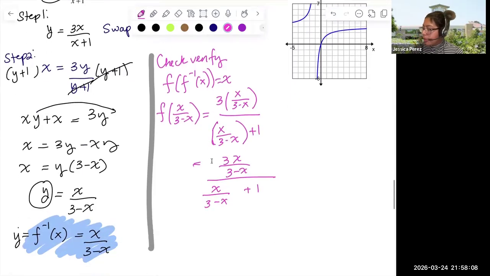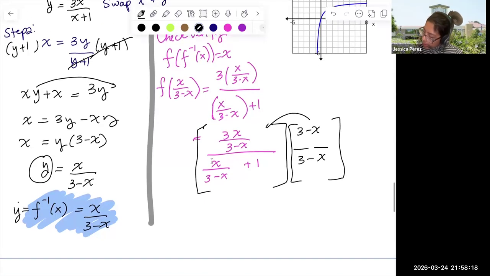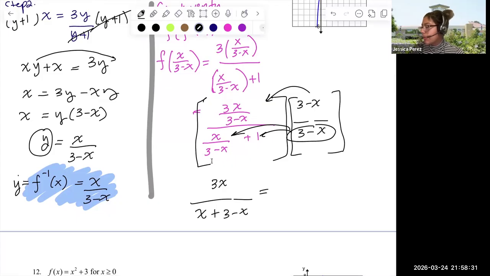1. Then you multiply it by the LCD, which is 3 minus x over here, and 3 minus x over here. When you multiply it to the first one, you'll just get 3x on the top. The 3x will distribute, and you'll have x plus 3 minus x. So you multiply by the LCD.